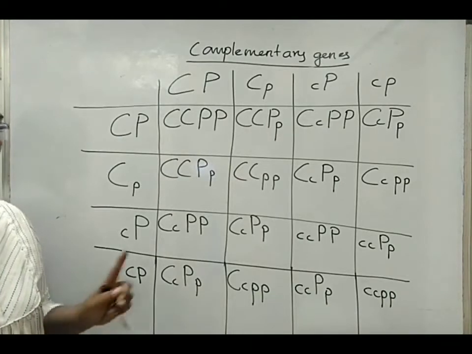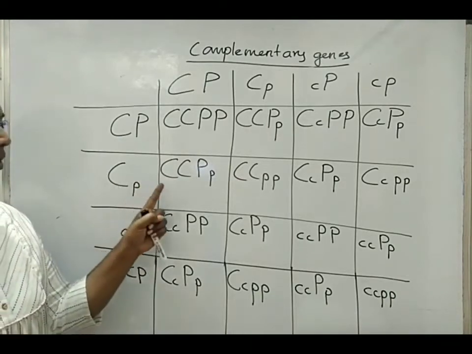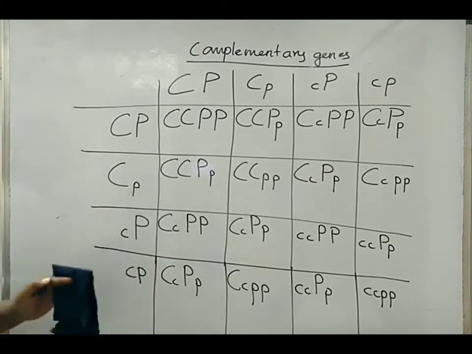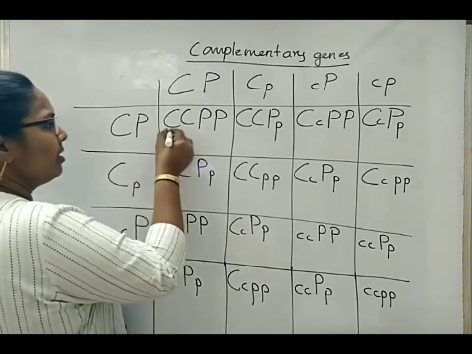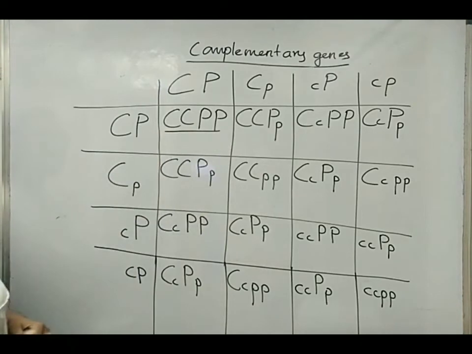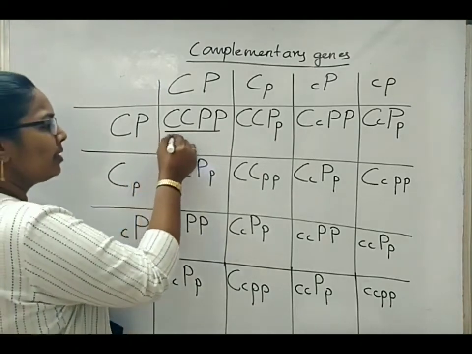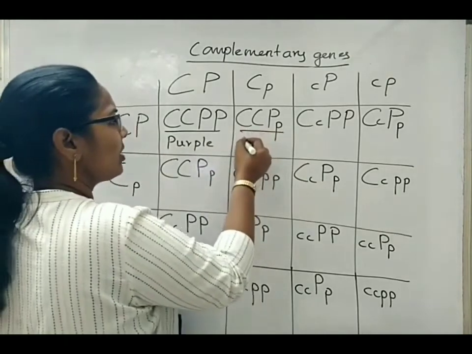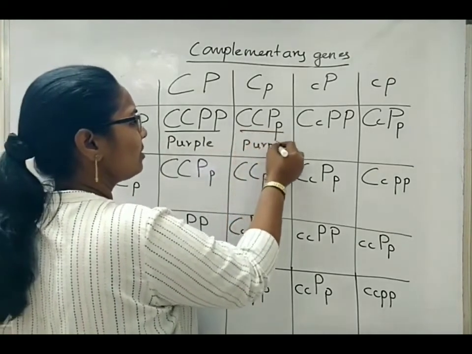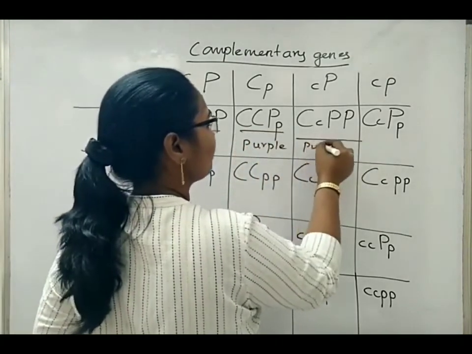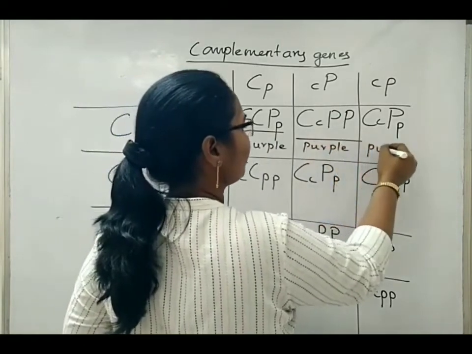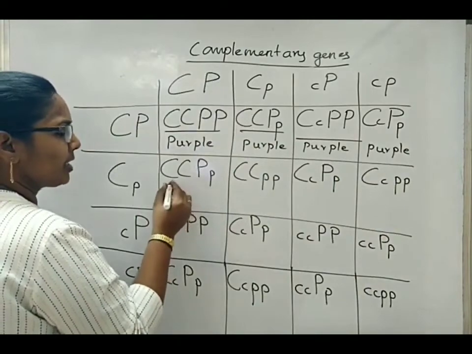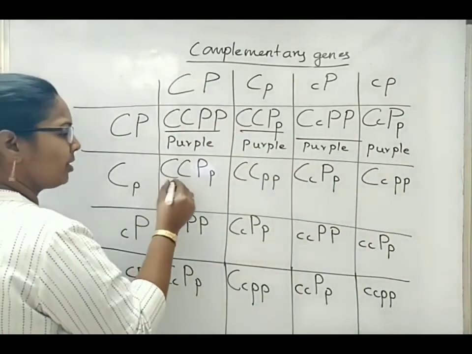Now let's see what are the names and what are the phenotypic expressions of such types of gene combinations or allele combinations. Since this is having all dominant forms, this is responsible for purple colored flowers. Here, it is also responsible for purple colored flowers, because two types of dominant forms are expressed in the same zygote.